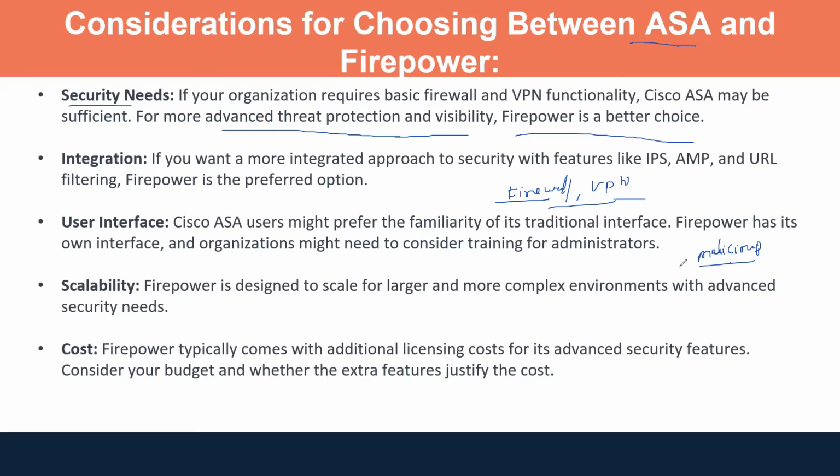Firepower has its own database or intel feeds, from which it can identify a malicious or blacklisted IP. And if those blacklisted IPs try to access your network, the firewall is going to block them. So if you have such security needs, you can go for Firepower.